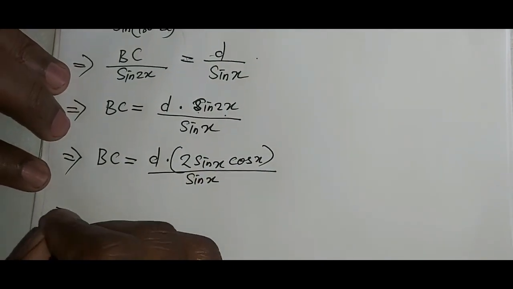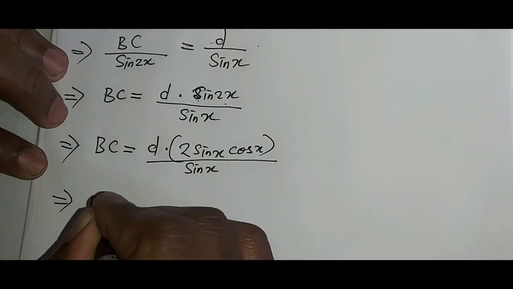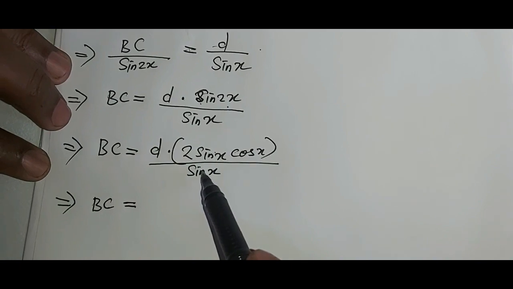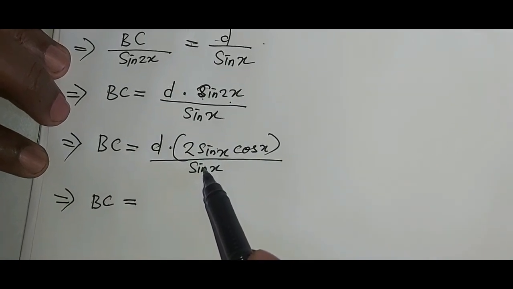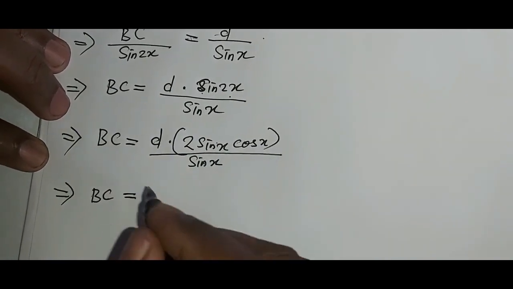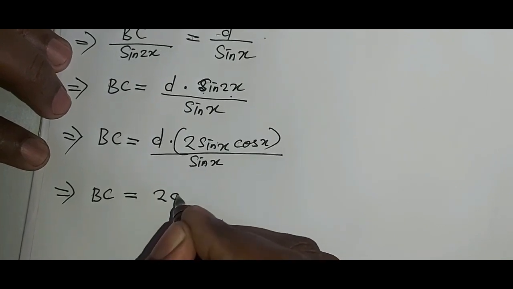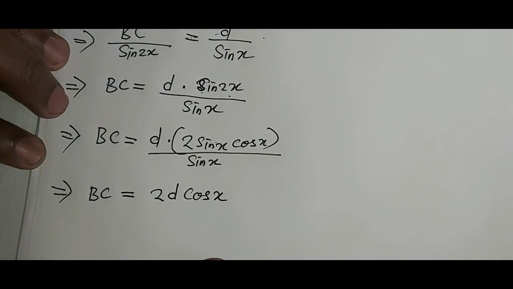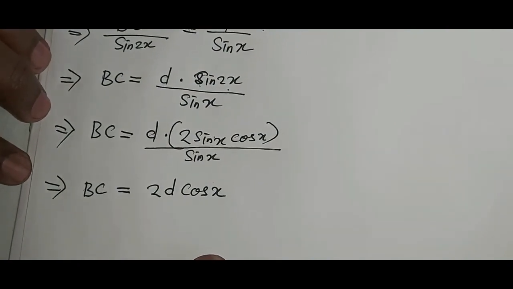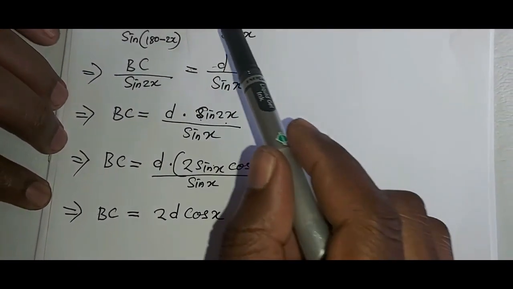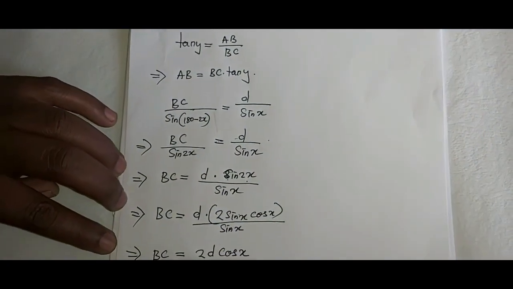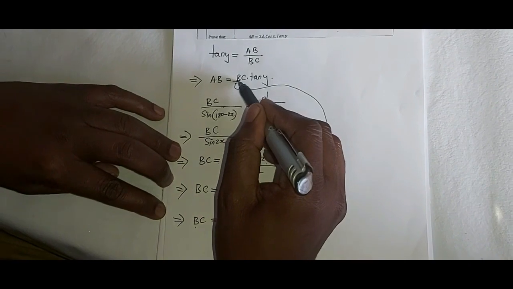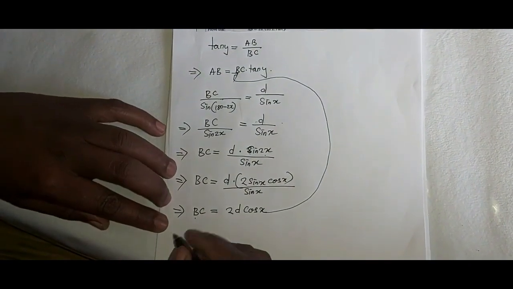Sine x cancels with sine x, so BC is equal to 2d cos x. After that, we substitute into our BC that is on top there. In place of BC, I will substitute this part.